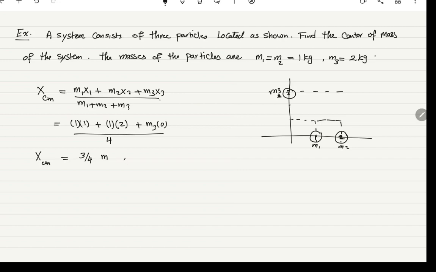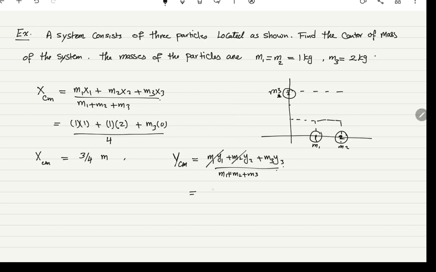meters. Now y center of mass equals m1 y1 plus m2 y2 plus m3 y3 divided by the total mass m1 plus m2 plus m3. Now for y center of mass, there is no y position for m1, nor for m2.